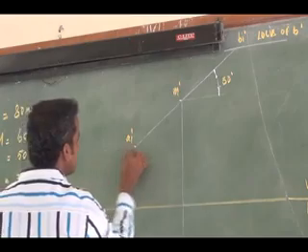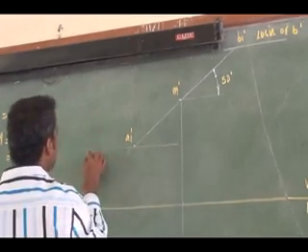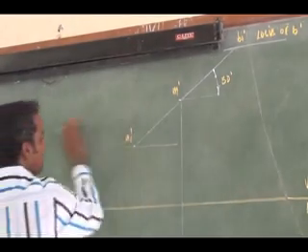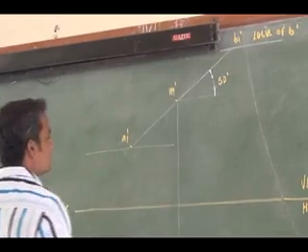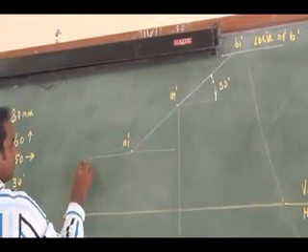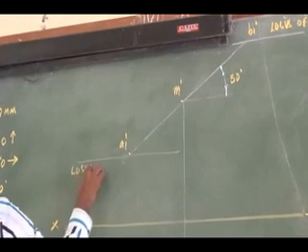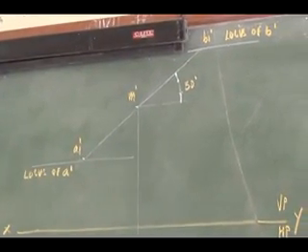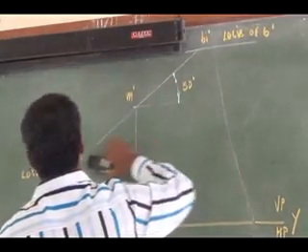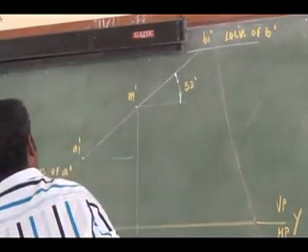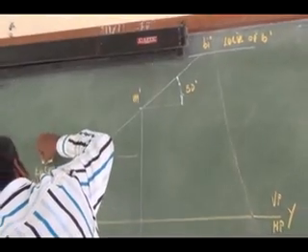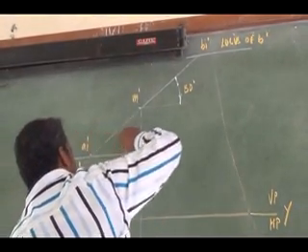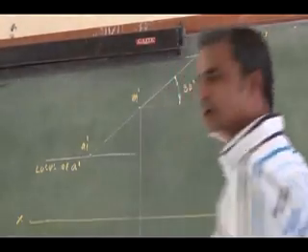This locus is locus of A dash. Right. So on this locus only I have to get my A dash.